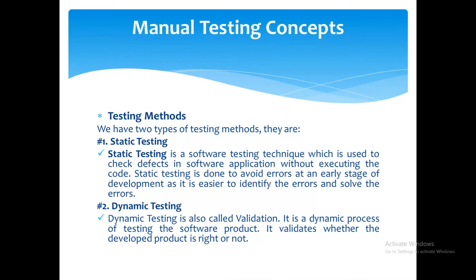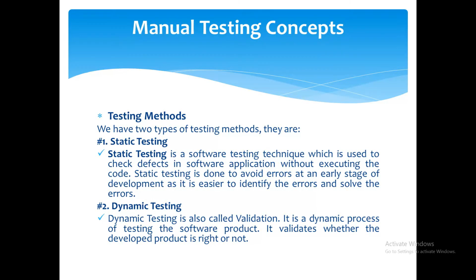Now we will discuss the manual testing concept, the testing methods. We have two types of testing method. The first one is static testing and the second one is dynamic testing.